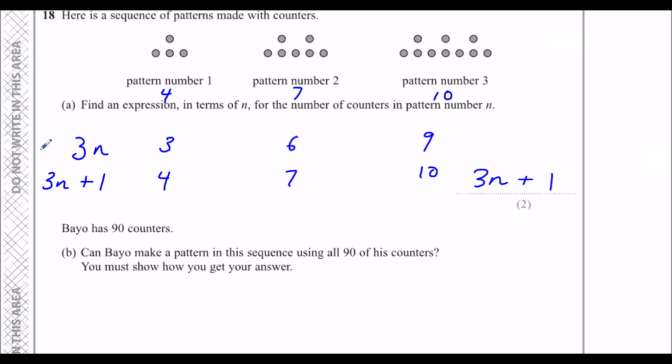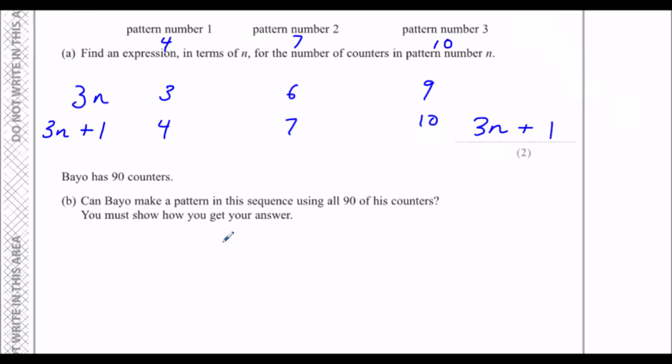Bayo has 90 counters. Can he make a pattern in the sequence using all 90 of his counters? You must show how you get your answer. So if he can make a pattern with all 90 counters, at some point 3n plus 1 must equal 90.